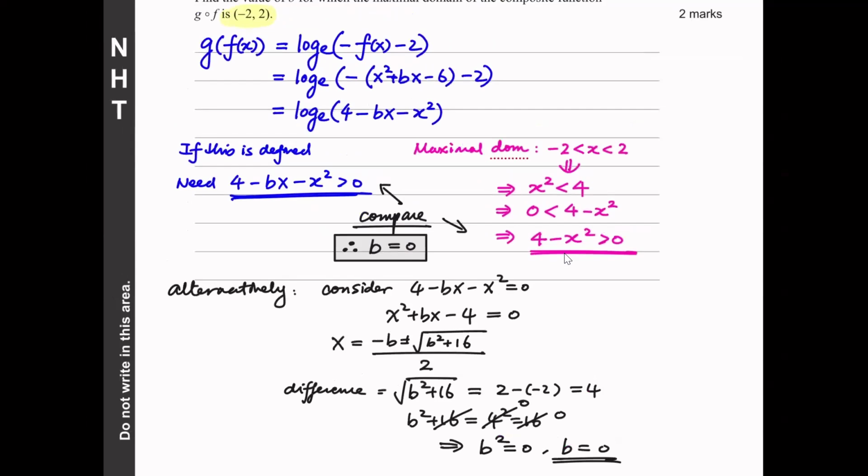If you make a link back to the previous part, alternatively, you could also argue that you can complete the square.